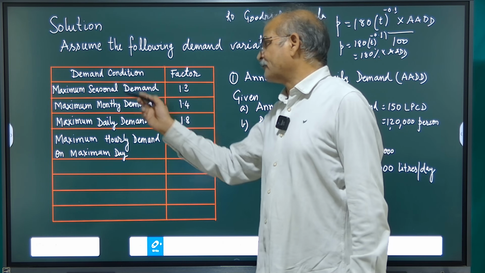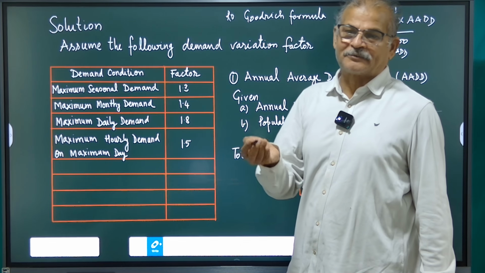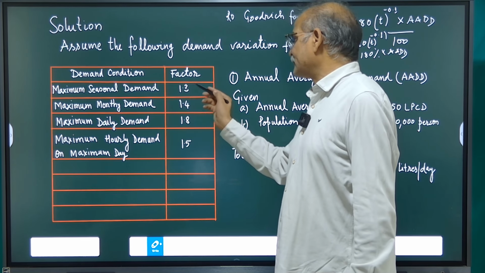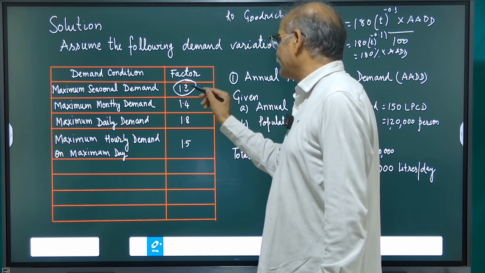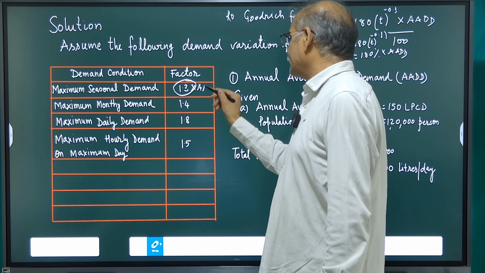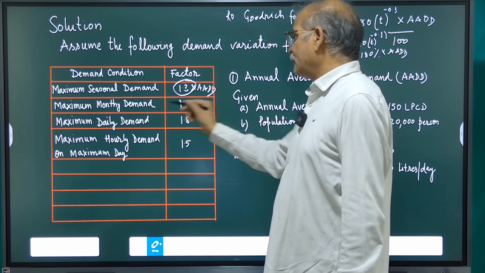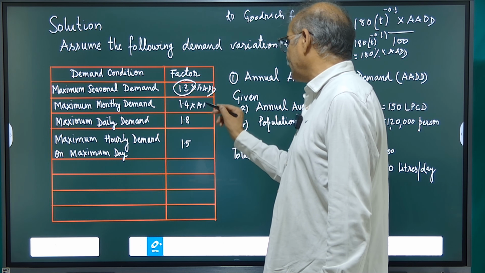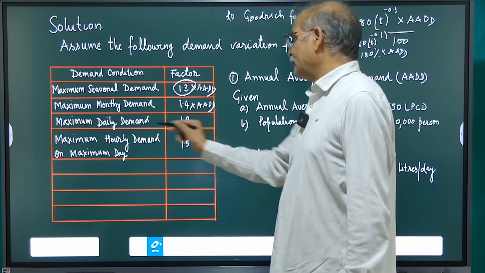Otherwise, in the problem statement it will be given, or we can assume maximum seasonal demand will be 1.3 times of annual average daily demand. Maximum monthly demand will be 1.4 times of annual average daily demand.